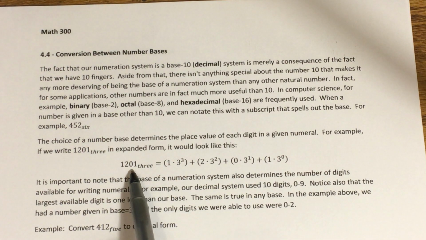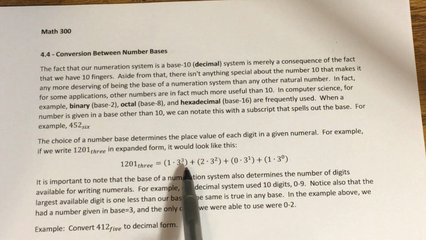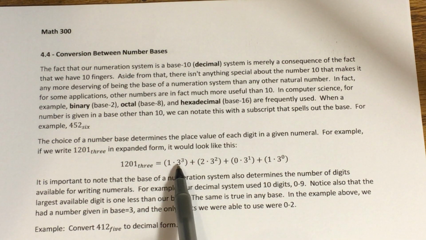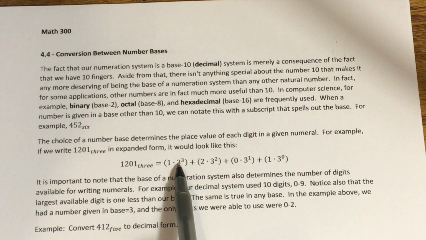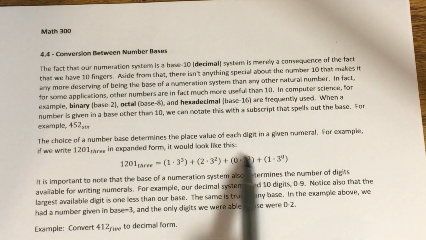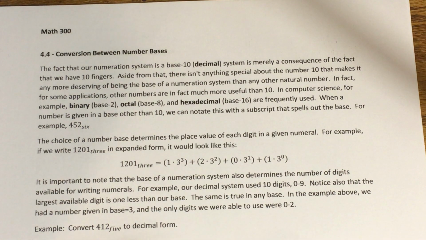If this were a base 10 number, as we saw in 4.3, writing this in expanded form would look similar, but I would be using tens as the base of these powers as opposed to 3s. So really a different choice of number base changes the number we're raising to an exponent. And again, if you go from right to left, the power on that base starts at 0 and increases as you go towards the left.